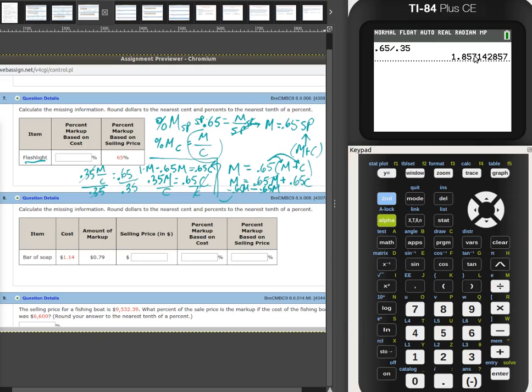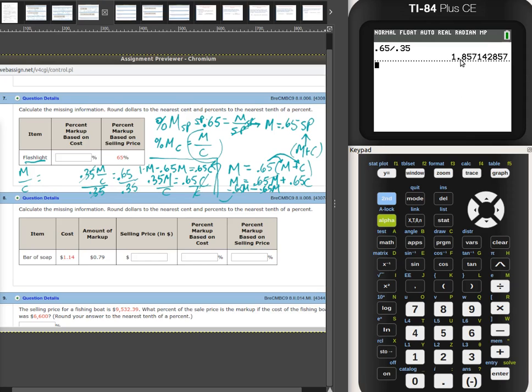It is 1.857, going on like that. But it's a percent, of course. So what we have is that markup over cost, which is percent markup based on cost, is this guy, 1.857.